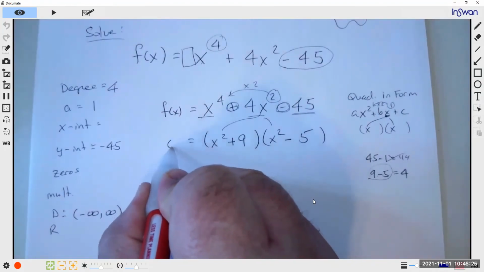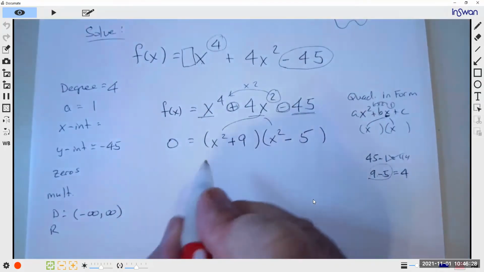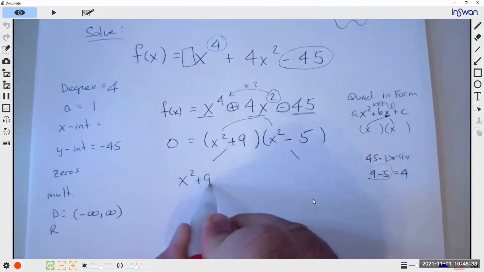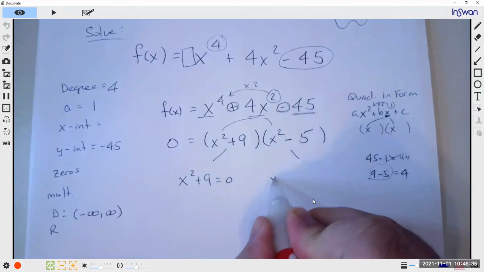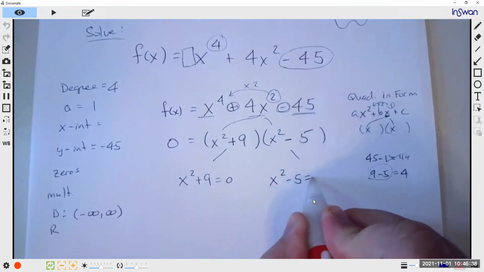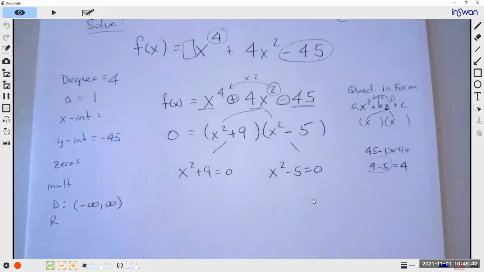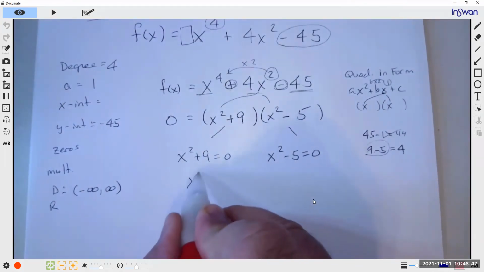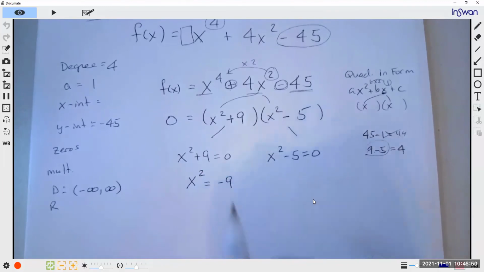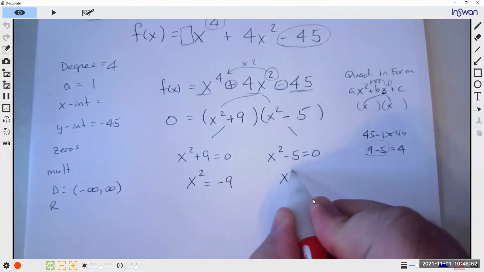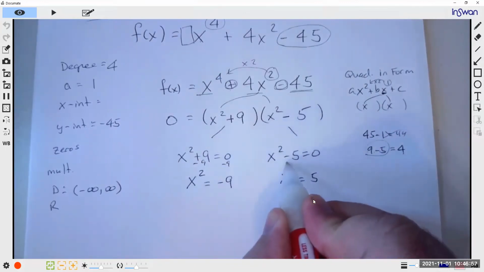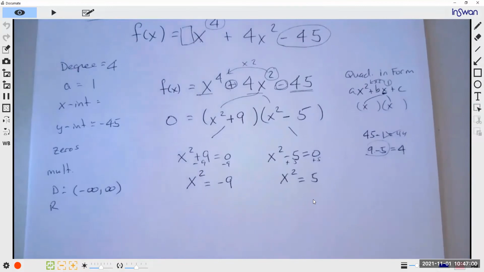Now we set the equation, since we're solving for it, we take both of these, set them equal to 0. So x squared equals -9. x squared equals 5. Remember, we subtract 9 from both sides. We add 5 to both sides.